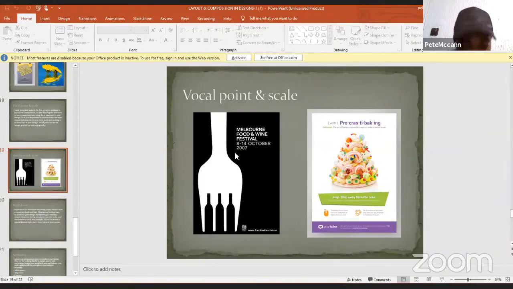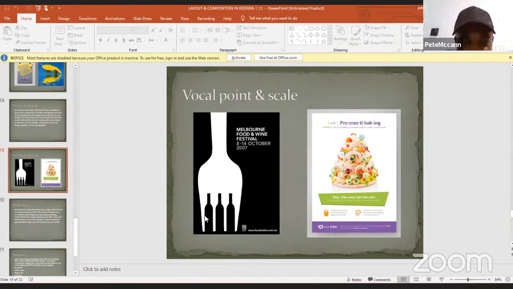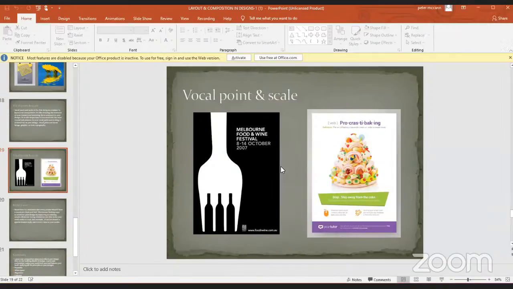The first one, if you can see very well, the fork. They actually came out with the fork to bring out the shapes of the bottle of wines. So it's actually tallying with food. It comes with vendors for events. Then the other one too brings out the shape of a cake to tell us that okay, this is a cake shop, a baking shop.